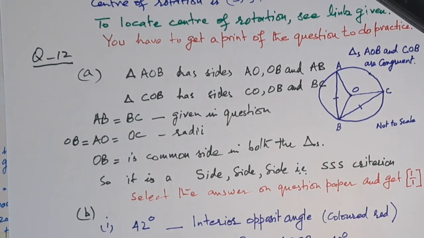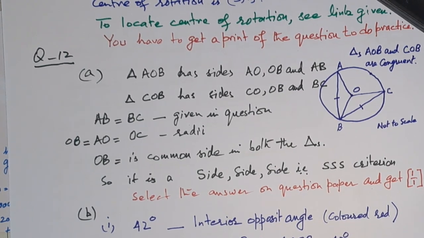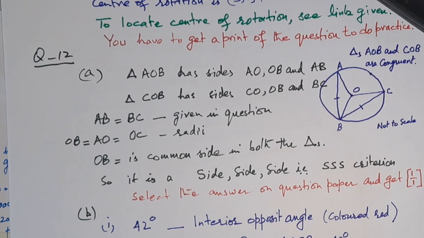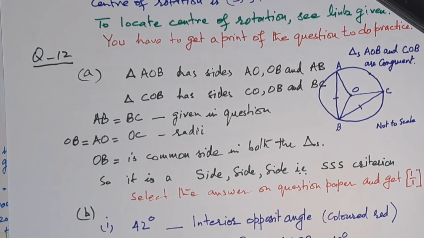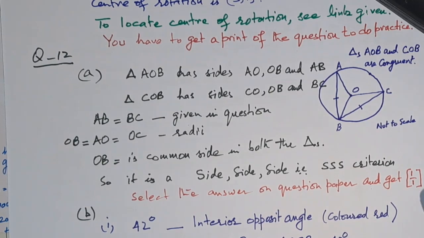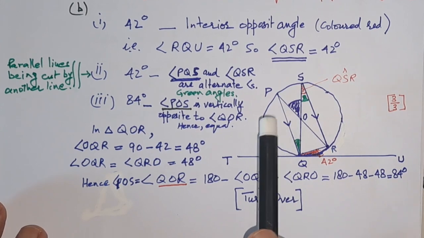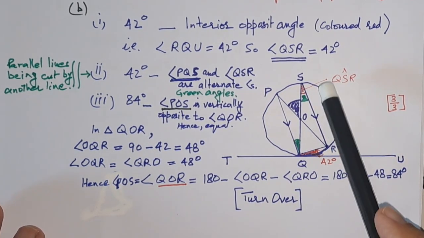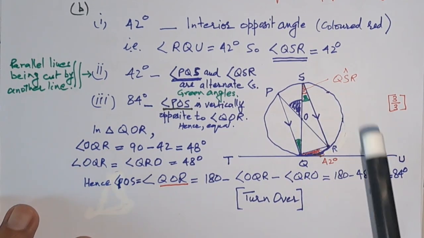Going on to part B of the question, there is a circle given, and on the circumference of the circle there are 4 points P, Q, R, S. PQ is parallel to SR. O is the center of the circle.